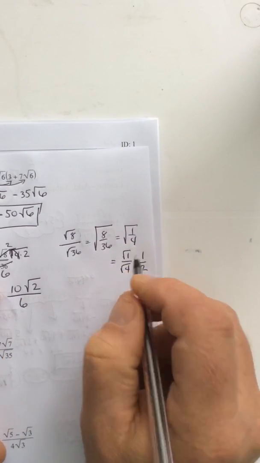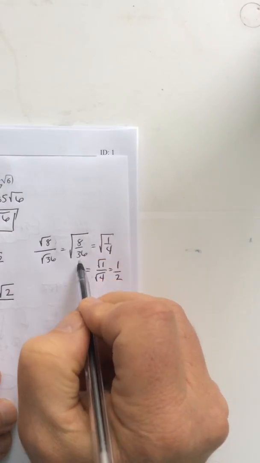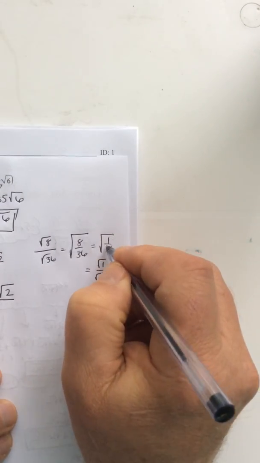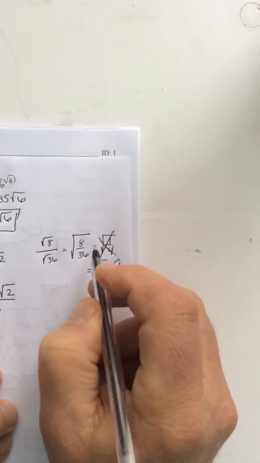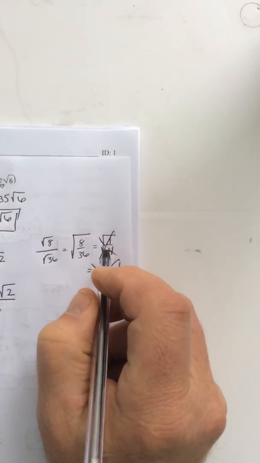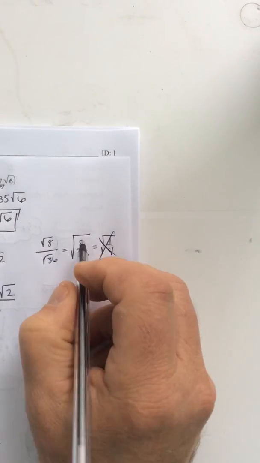Okay, why is this not... Whoa! 8 over 36 is not 1/4. Hold the show here. 8 over 32 would be 1/4. Let's see, we can reduce that though.